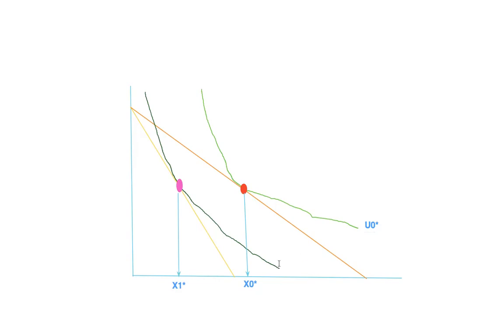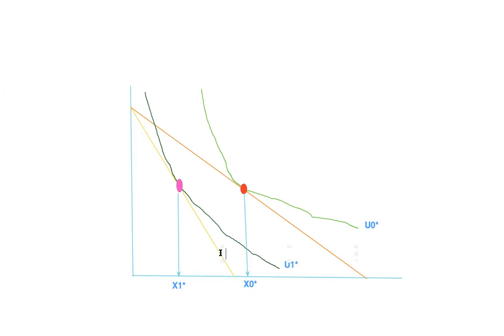And this is our U1 star. One of the things that's pretty important, if you want to understand how to solve the income and substitution effect decomposition, is that you have to keep track of where we were: what was our initial optimal consumption bundle, which in this case is the red dot. And then the pink dot is our optimal consumption bundle after the price change. So you've got to keep track of this before and after. You with me, Sonika? Mm-hmm.